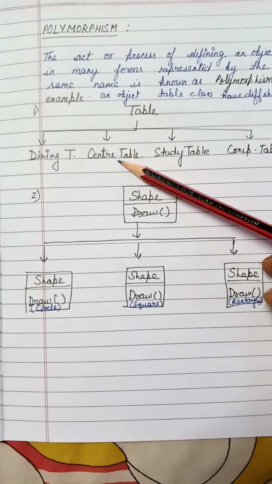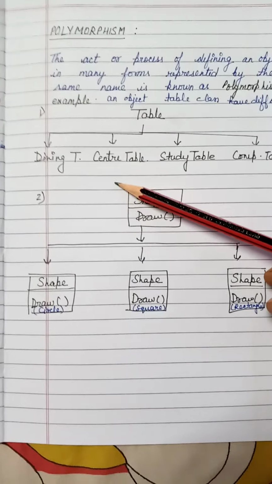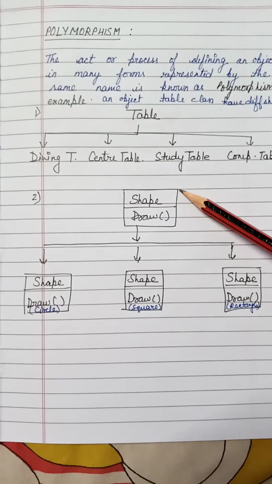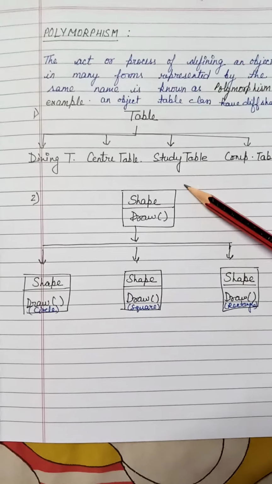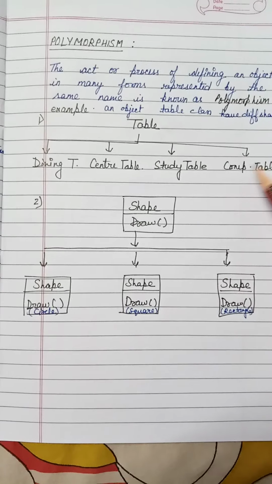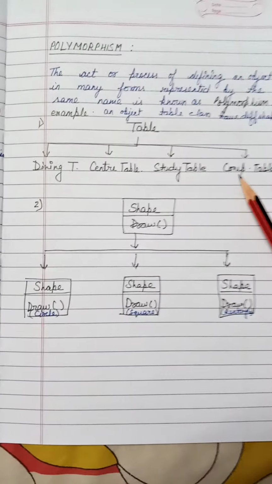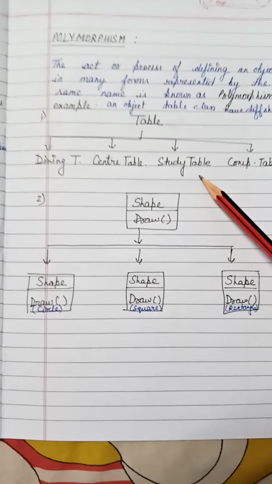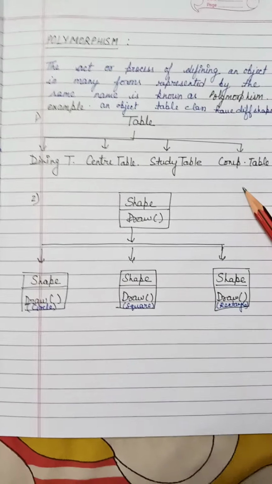If you are talking about this table, there will be programming for center table, manufacturing of study table, manufacturing of computer table. But they have the same name, table. If you call this, you will get a study table. Through this, you will get a computer table.